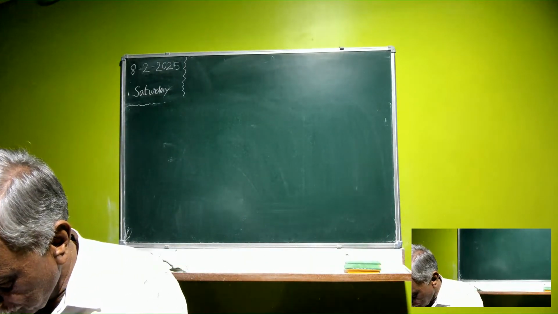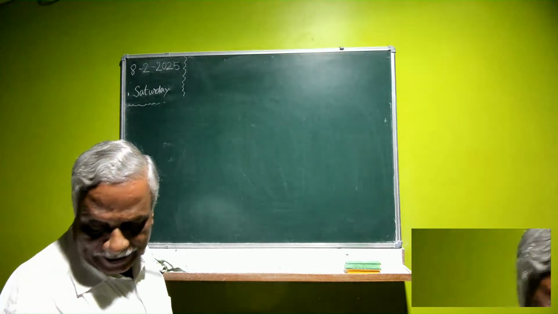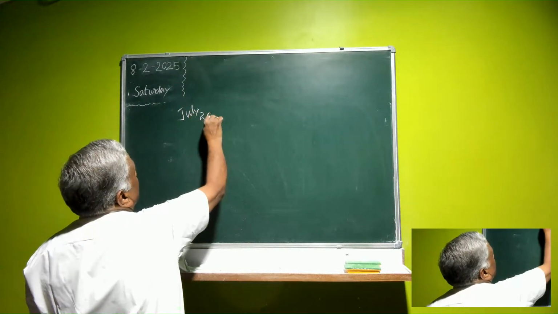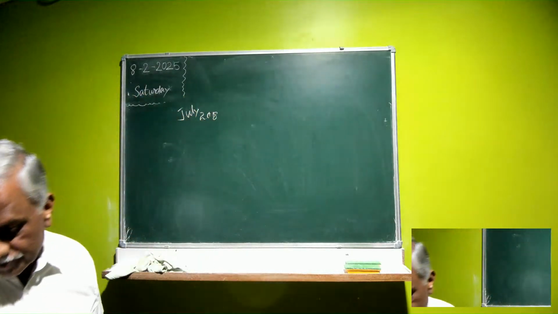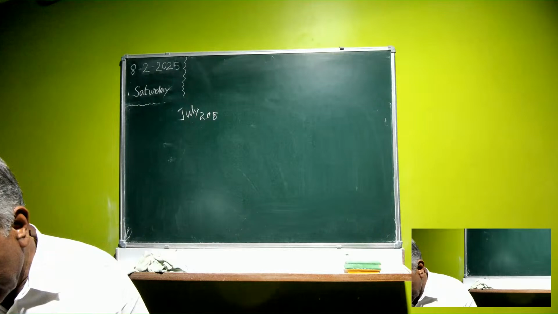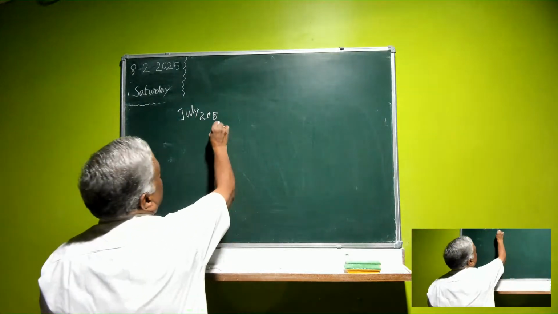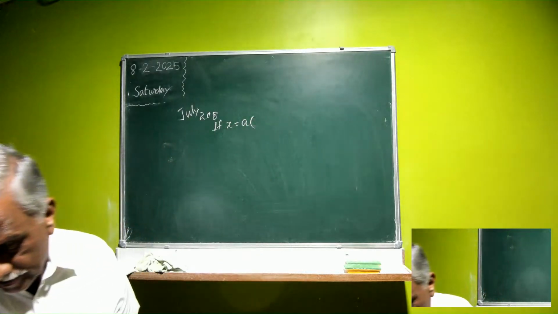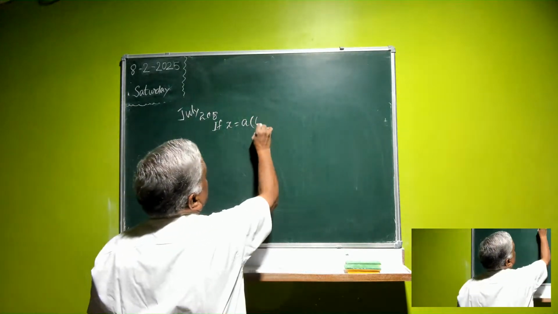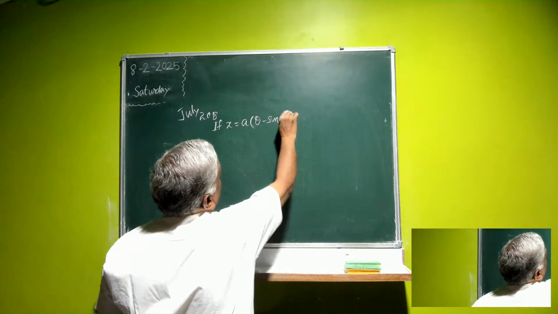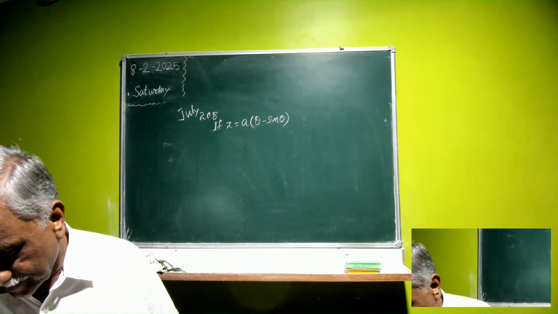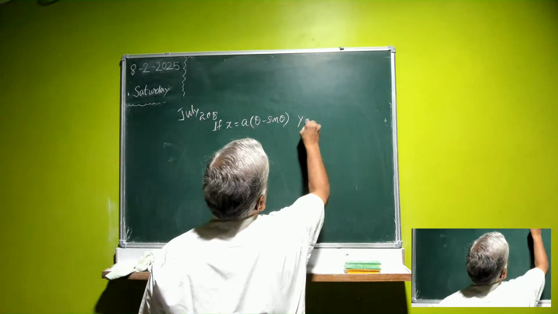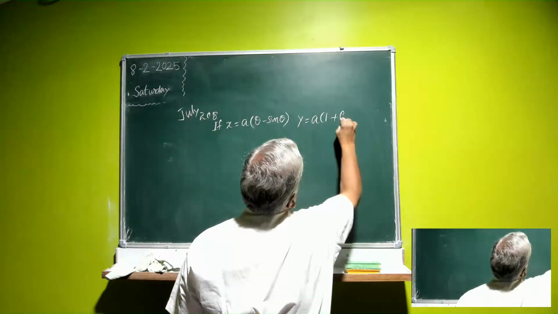Now we move on to July 2018. If x is equal to a into theta minus sin theta, y is equal to a into 1 plus cos theta.